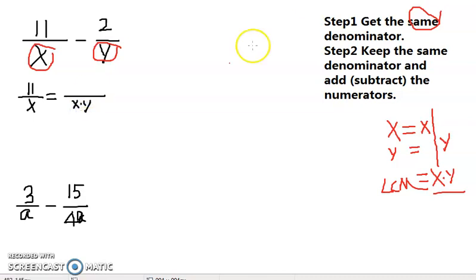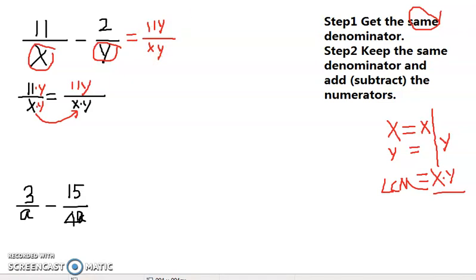We need to figure out x times what will give us x times y. This is very easy to see that if we multiply x by a letter y, we're going to get x times y. So we're going to do the same thing on the top, multiply 11 by the letter y. Now 11 times y, you cannot multiply them. We're just going to keep them as 11y. So the first fraction, or rational expression, 11 over x, can be written as 11y over xy.